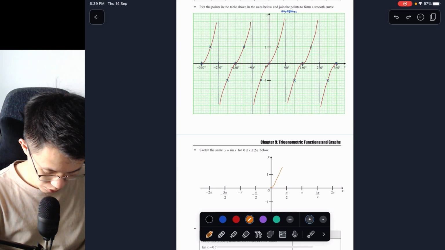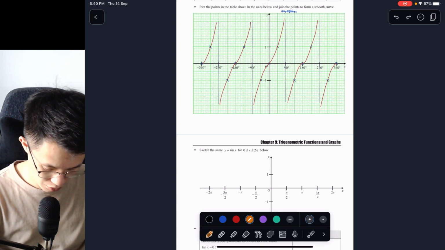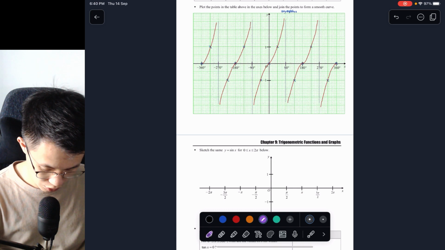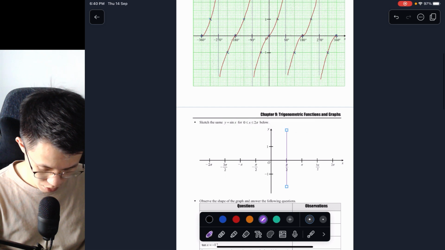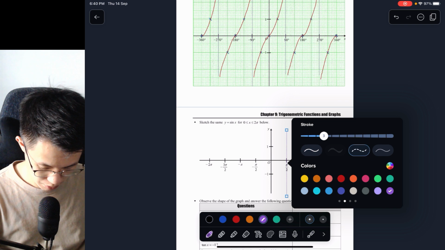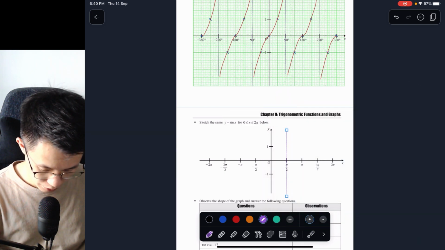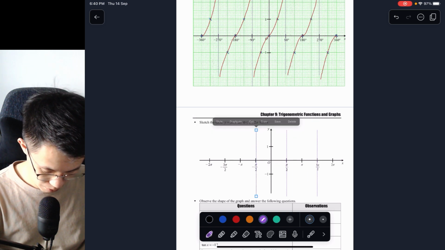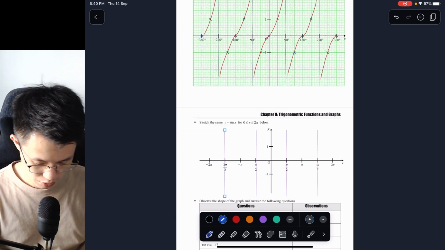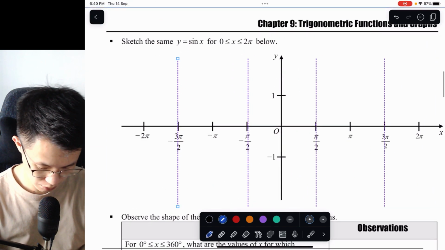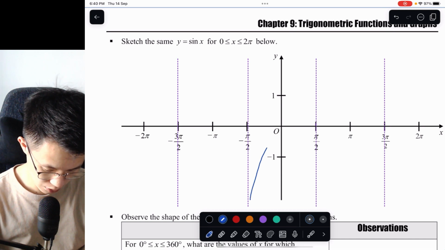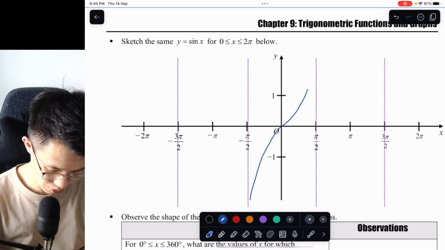You still have to draw your dotted lines. Whenever you draw your tangent function, it is good to always draw your asymptotes, which is a very good practice in fact, because your asymptotes tell you where you should be drawing and where you should not be drawing. Without your asymptotes, you cannot make a very good sketch. So I'll show you how I sketch it very quickly. I'm just going to assume that you will cut here, go up here, and then it goes up very quickly.